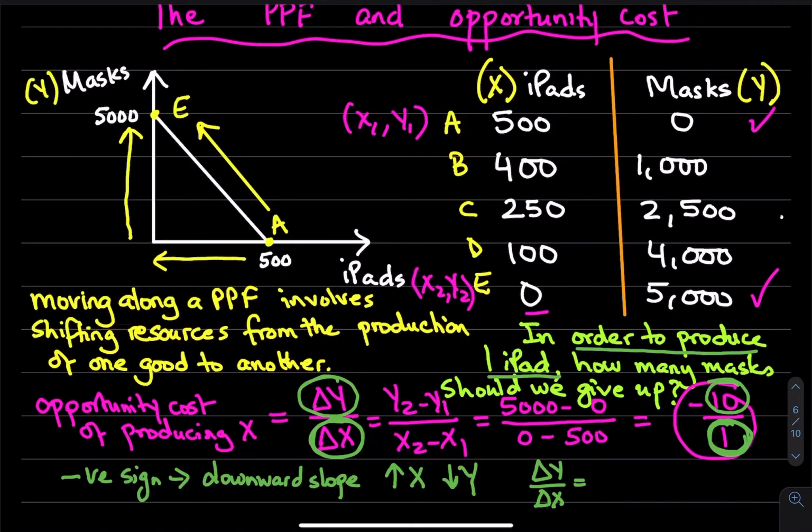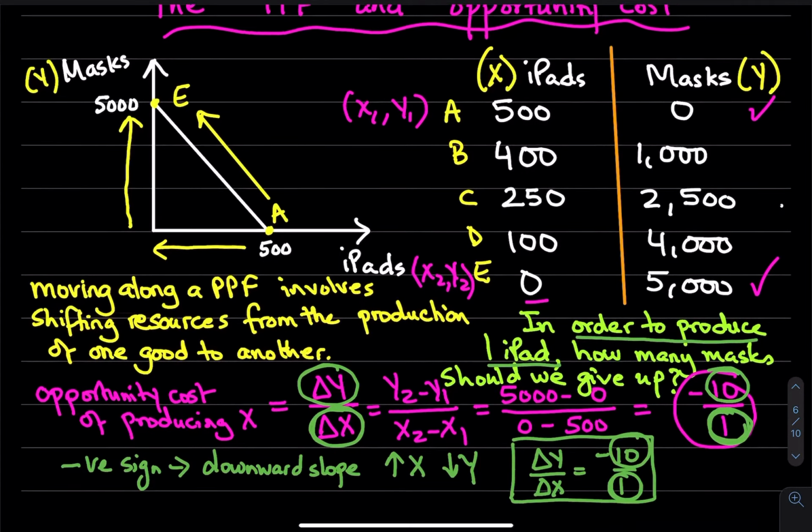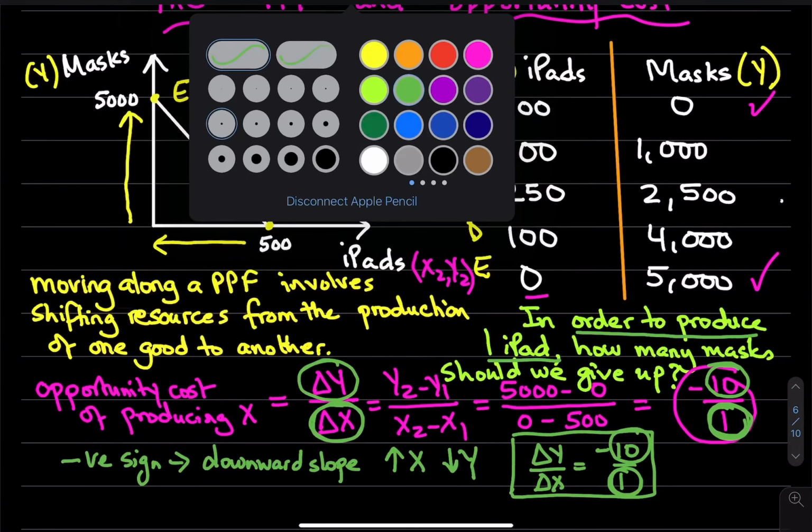Delta Y over delta X, which is the slope, is negative 10 over 1. Okay, so if you just want to take this and interpret this, this is saying that in order to produce one iPad, we should give up 10 boxes of masks, or we should give up the production of 10 boxes of masks.